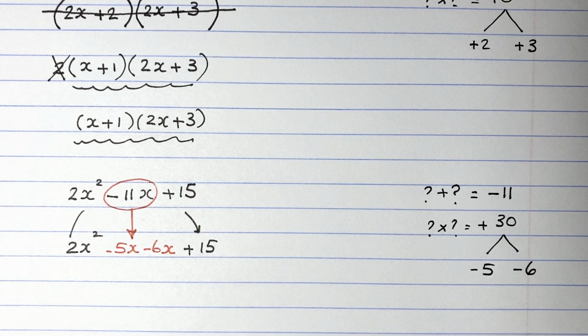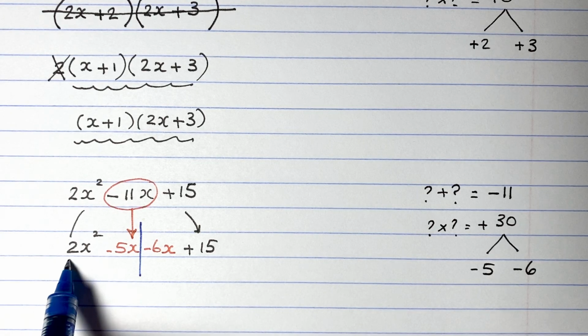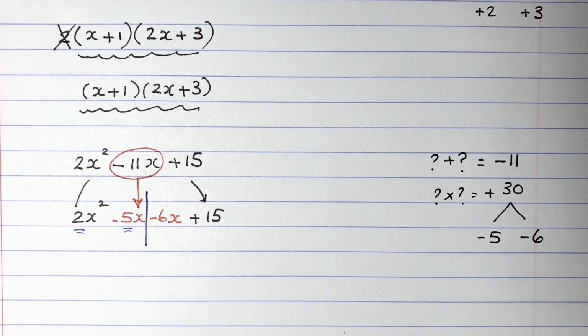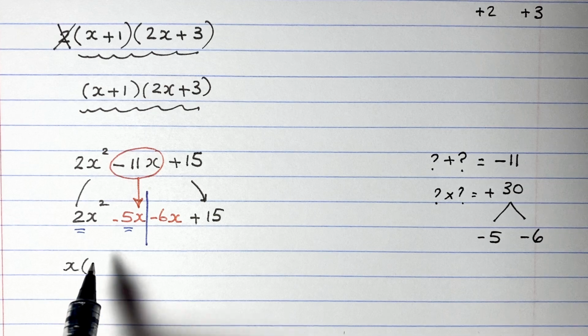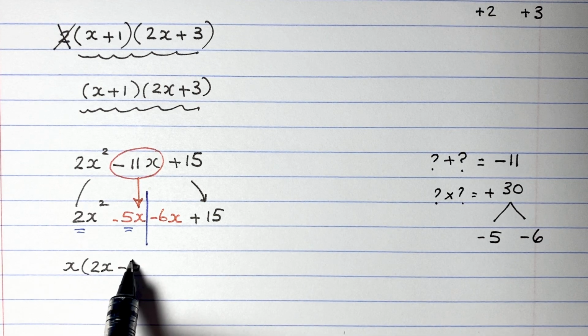Let's now split, factorizing the first two. The only thing you can factorize is x. The common factor is x. Divide by x, divide by x.